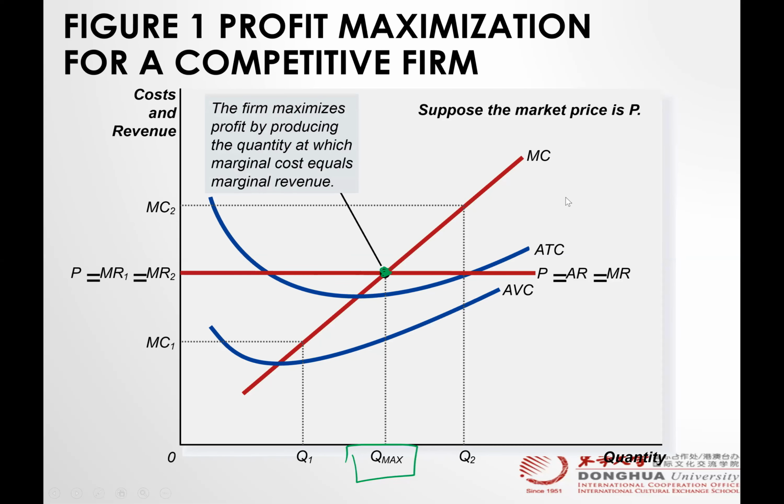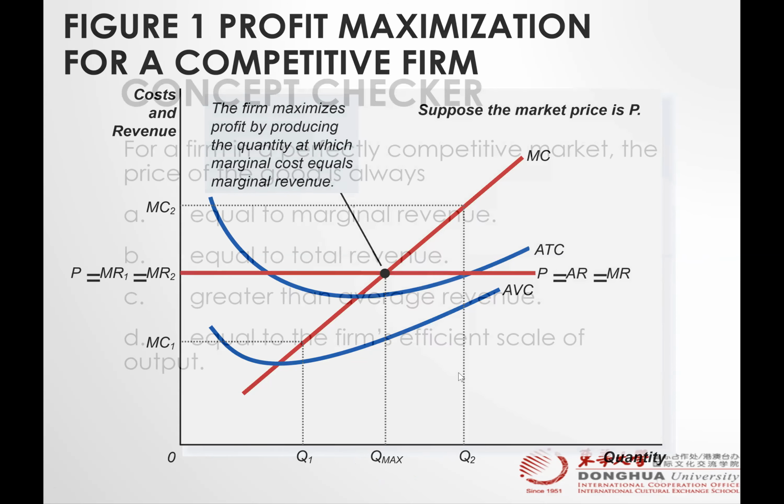So here we go. Firms maximize profit by producing the quantity at which marginal cost equals marginal revenue. Now the question is, will this point give us the maximum profit? No, this point will give us the quantity we need to produce, Q max.